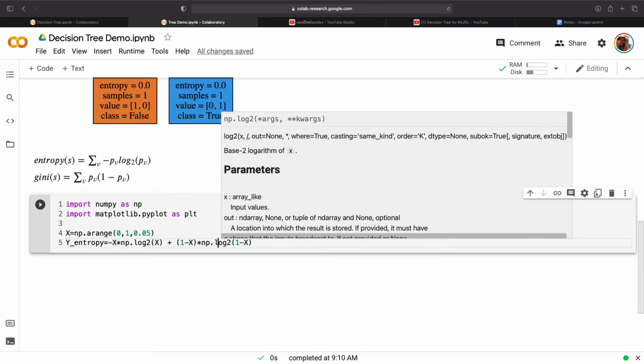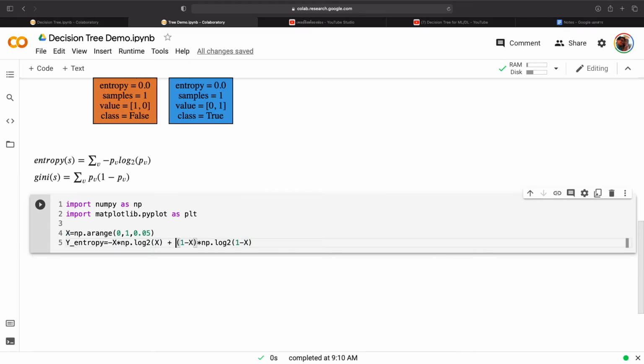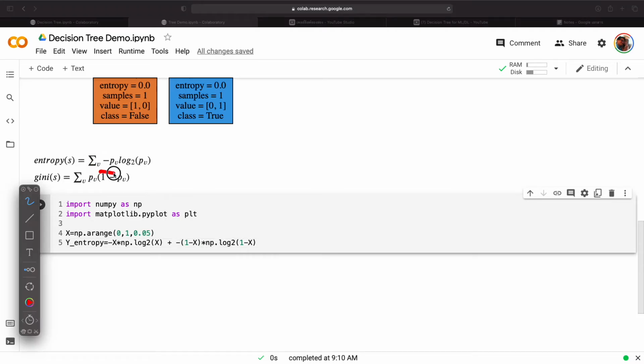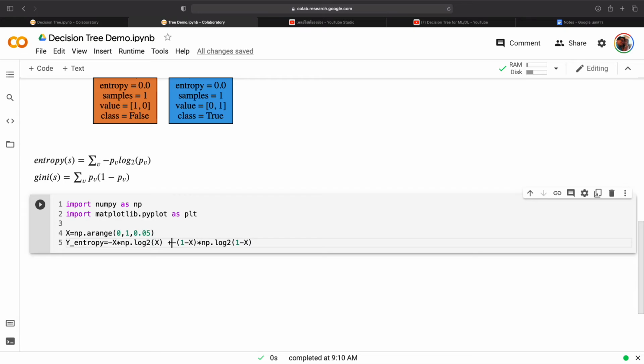But this must be the sum of minus, so this term must have a minus here. Okay, so this one is the values of entropy.